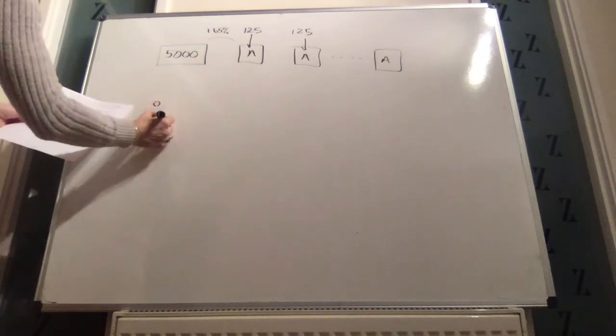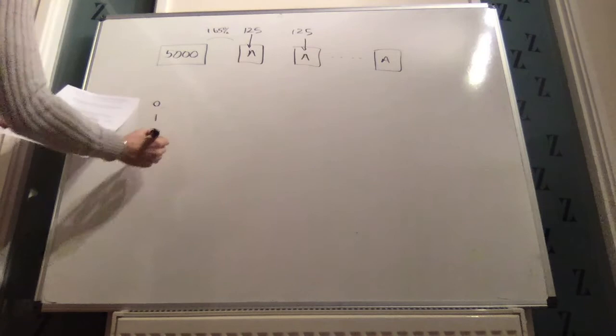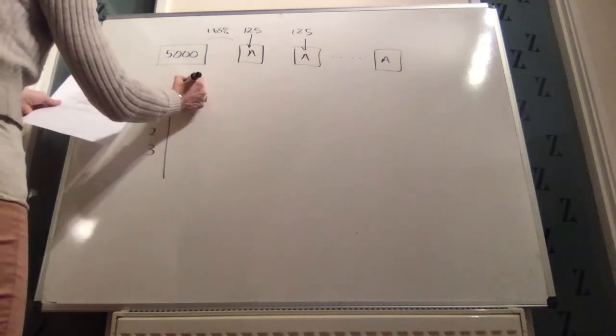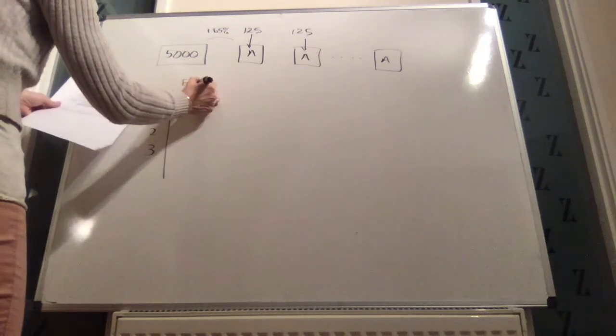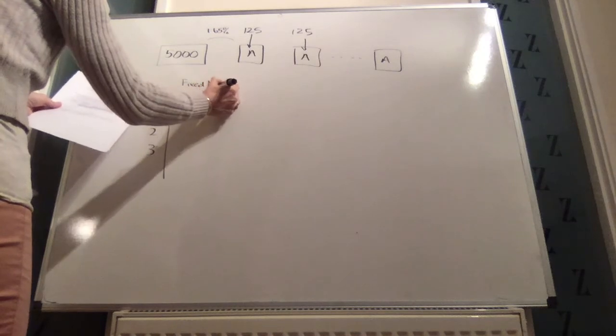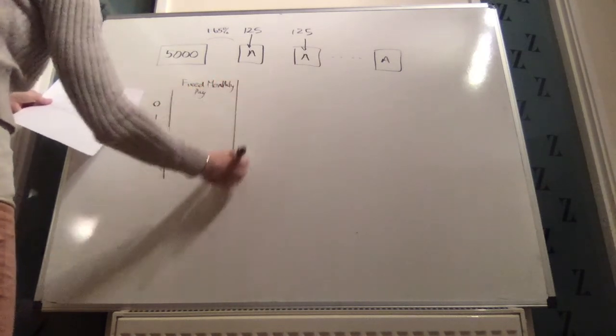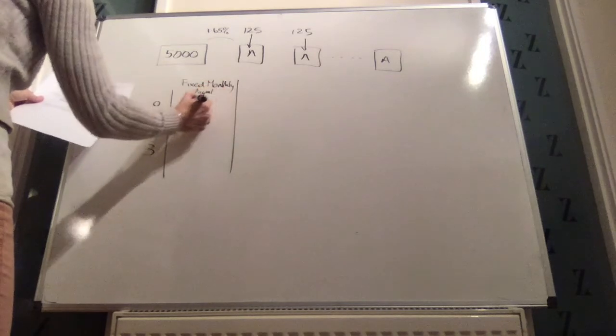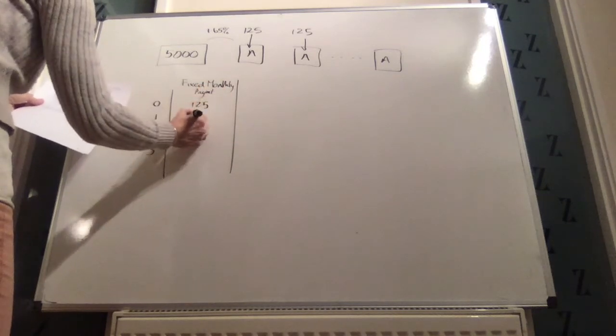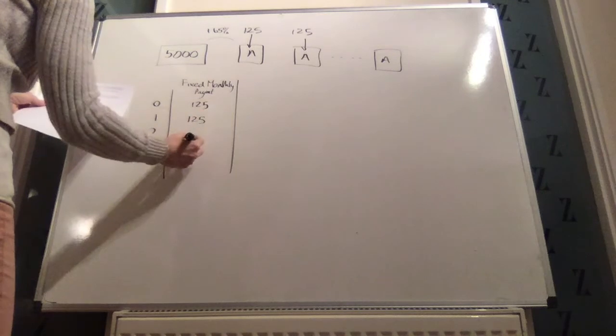Okay, so what they want here is payment number 0, 1, 2, 3, fixed monthly payment, well, we know what the fixed monthly payment is. That is 125. Okay?